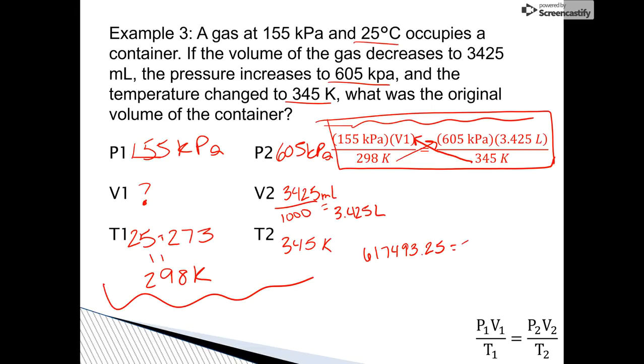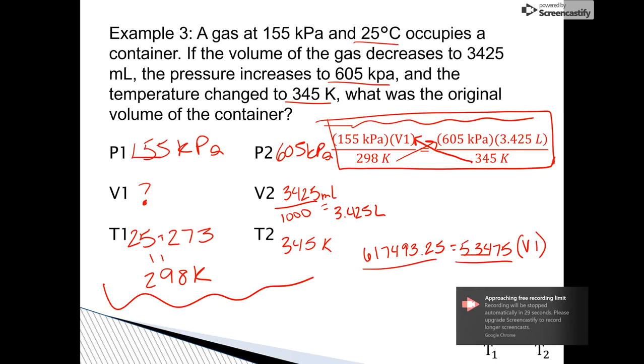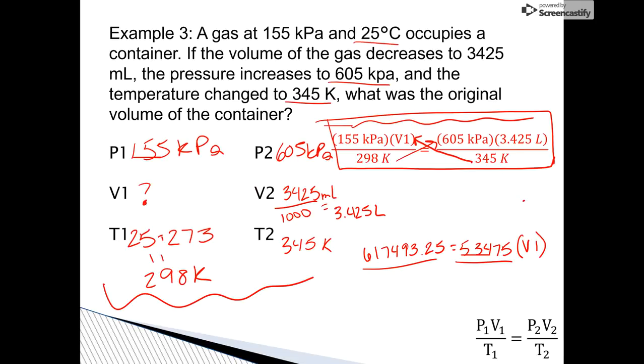That gets me 53475 times V1. I need to get V1 by itself, so I divide both sides by 53475, and I get a V1 of 11.5, and the unit for that is liters.